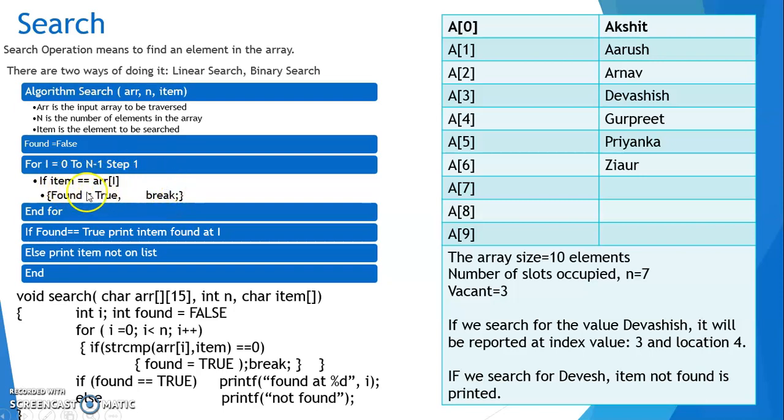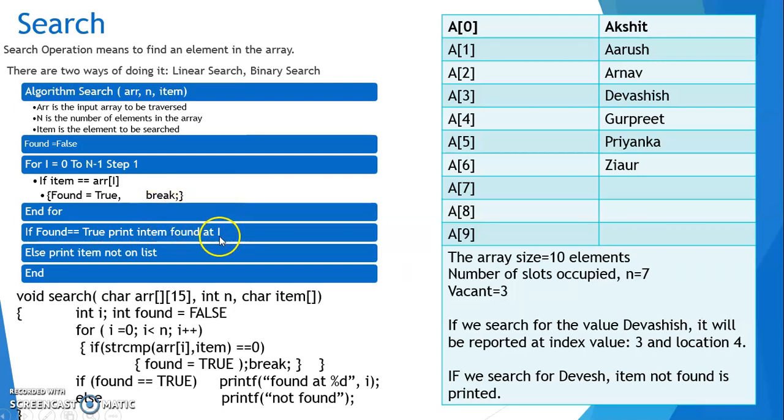If it is not found, then we will continue in this loop till either the loop comes to an end or we find the item that we are looking for. So in the end, if found is equal to true, that means we were able to find the element and we have broken out of the loop at the index value where the item was found.